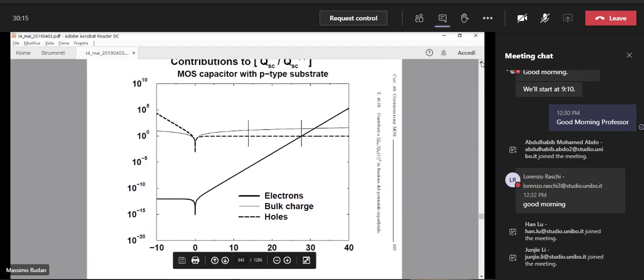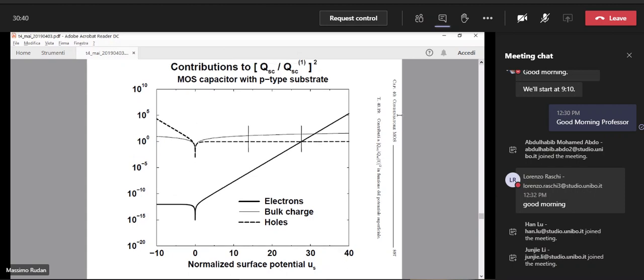We can draw a graph in which, using the normalized potential US as an abscissa, we can draw a graph of the different contributions to the total charge of the semiconductor in normalized form. So the continuous line here is due to the electrons. You see immediately, we are, of course, in a log scale.